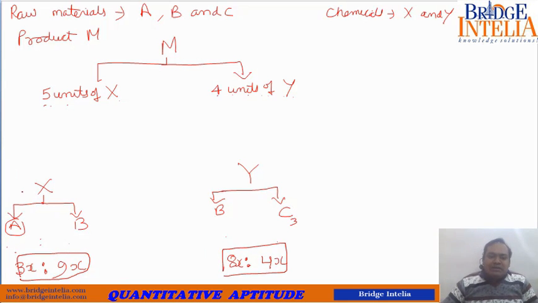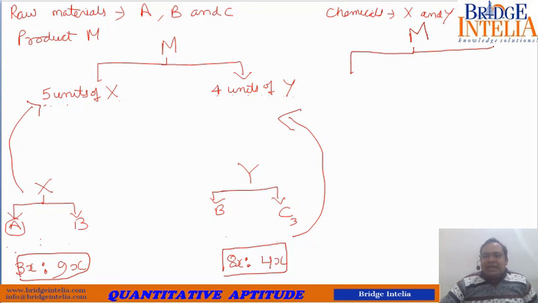Now what are we doing? We are using 5 units from here and 4 units from here. So if you look carefully, in compound M, how much quantity of A and how much quantity of B will get added? So let's understand. 3x into 5, so 15x of A is present, and 9x into 5, 45x of B is present.